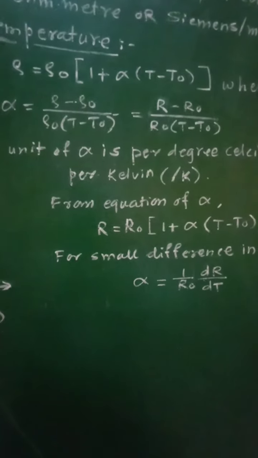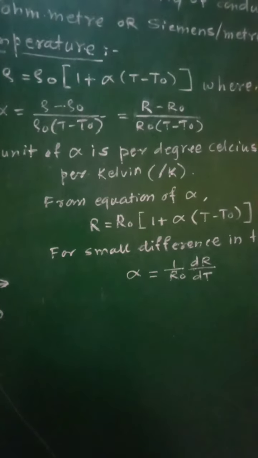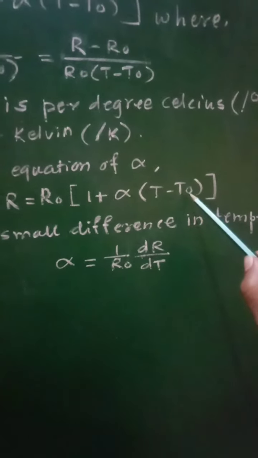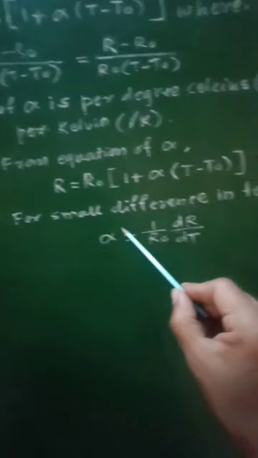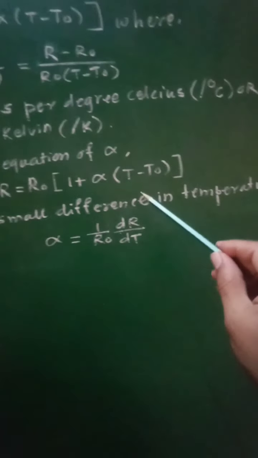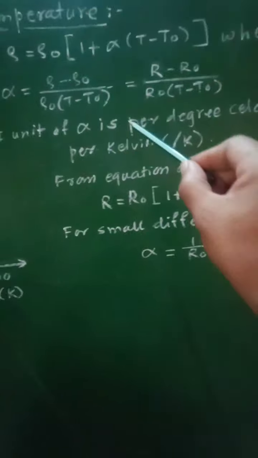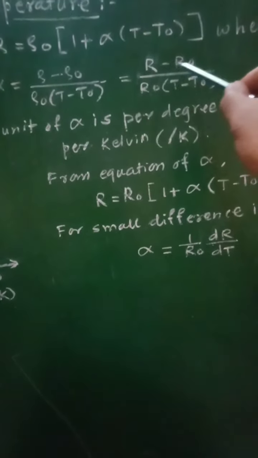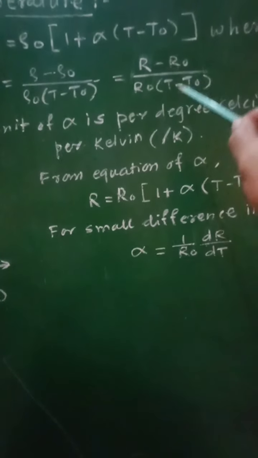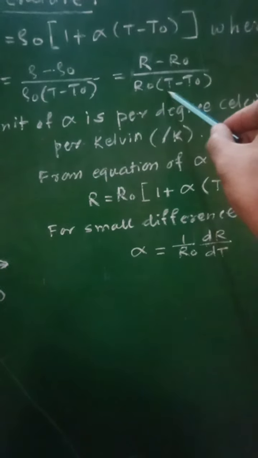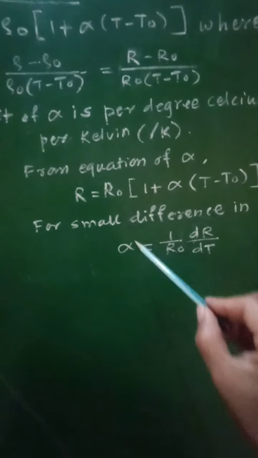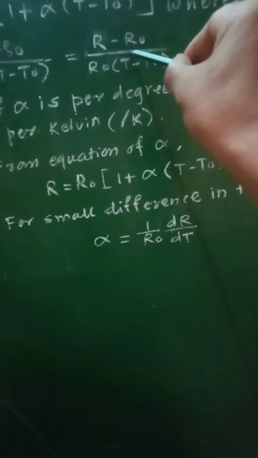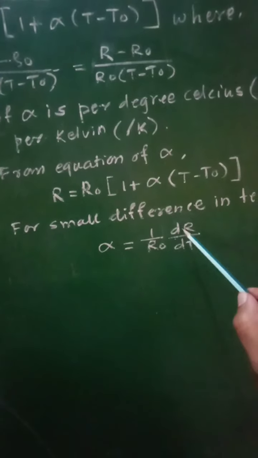Now for a small difference in temperature, that is for small T minus T0, the relation for alpha will be written as follows. This change in resistance is very small, therefore it will be taken as dR, and the change in temperature will be taken as dT, and therefore alpha will be equal to 1 upon R0 into dR by dT.